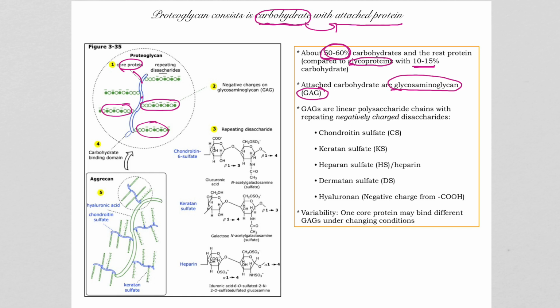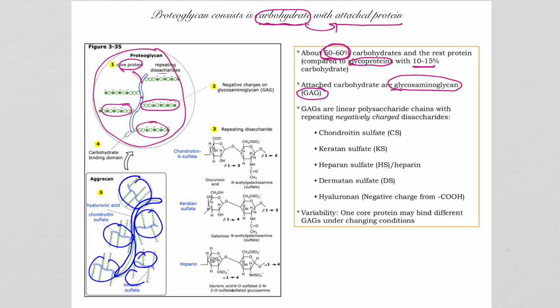Proteoglycans can exist as simple structures like this, or they can be attached to other carbohydrates. Like here is a long hyaluronan, or hyaluronic acid, and the proteoglycans are attached to this hyaluronic acid. So you can get all kinds of complex proteoglycan structures.